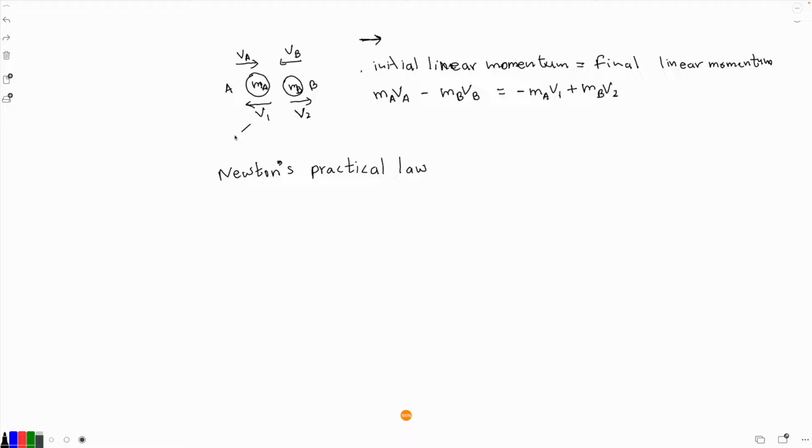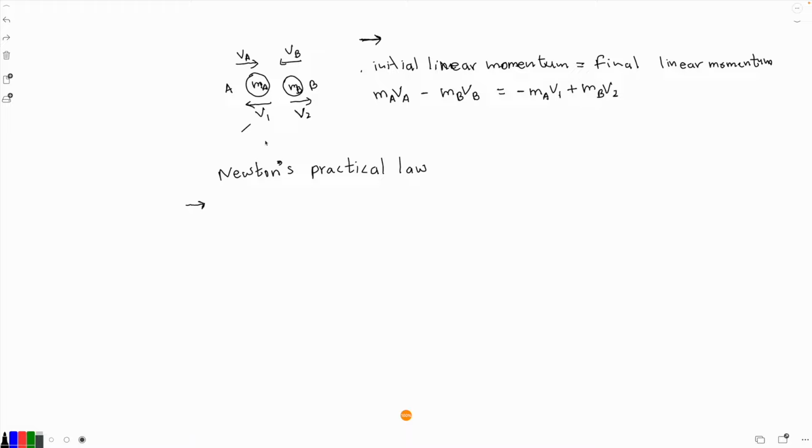When we apply this practical law, we can consider any direction, it needn't be the same as in conservation of linear momentum. But in this part, I am considering the same direction as above.